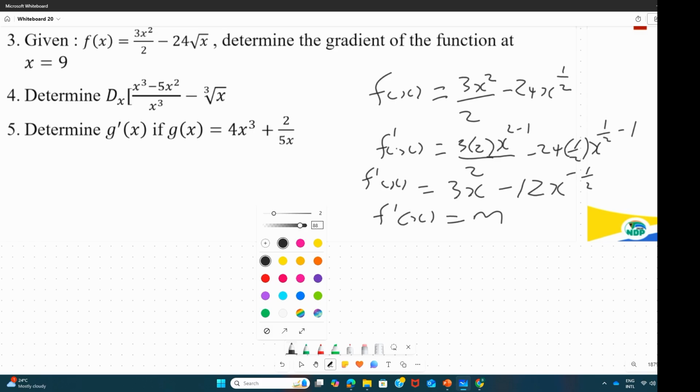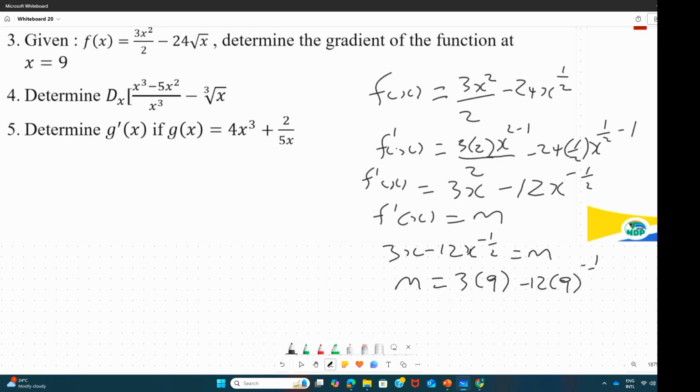So f prime of x was 3x minus 12 x to the power negative half, equals m. Then now your m will be equals to 3 into 9 minus 12 into 9 to the power negative half.